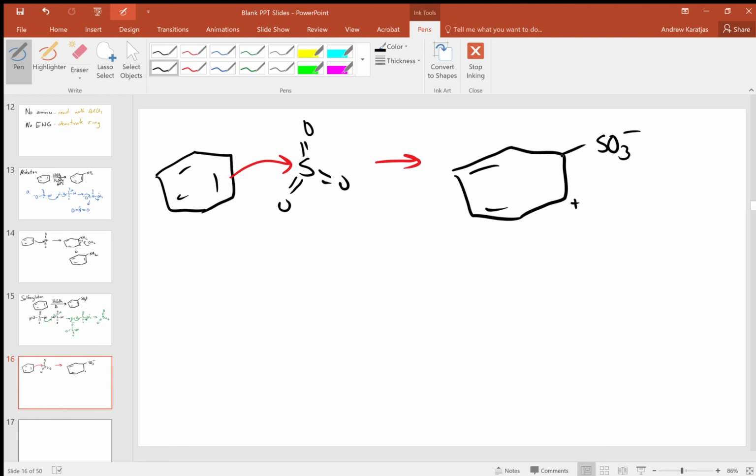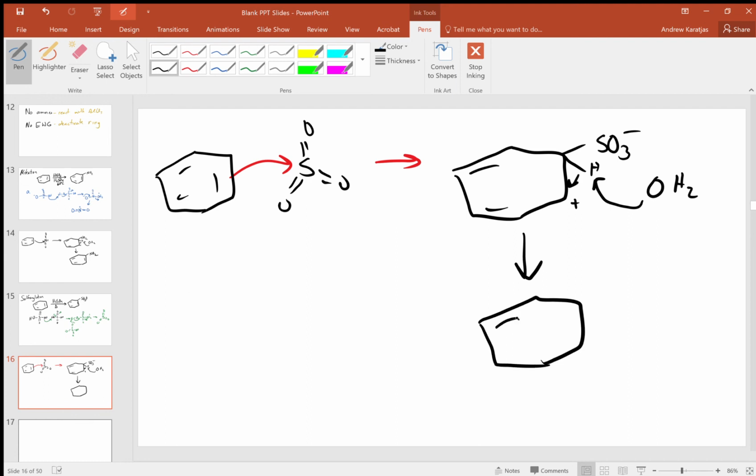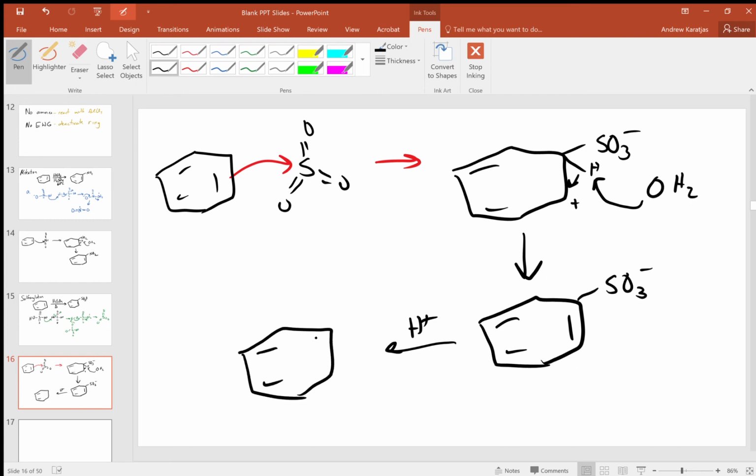Again, water can function as our base, remove the hydrogen, we regain aromaticity. And then we just need some sort of acid, which obviously with sulfuric acid is one of our reagents. We have plenty of acid present. And we protonate and form our product.